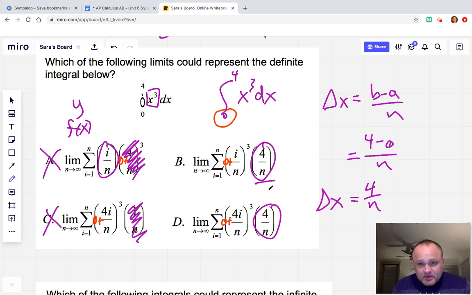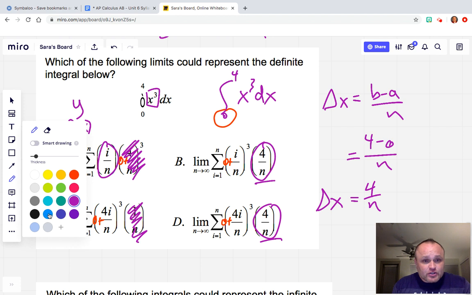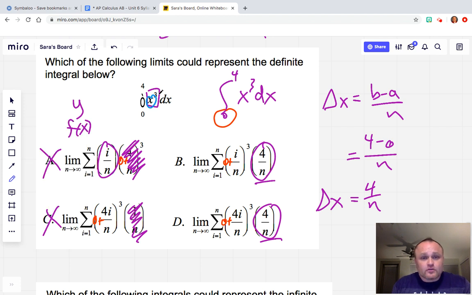Because this is the base value, otherwise the delta x width of the base. And the function is y equals x cubed. So this entire height, so again, base times height, this height is the y value, okay?